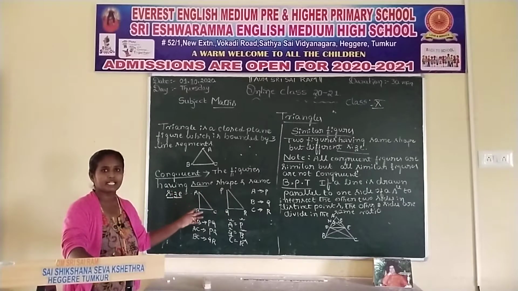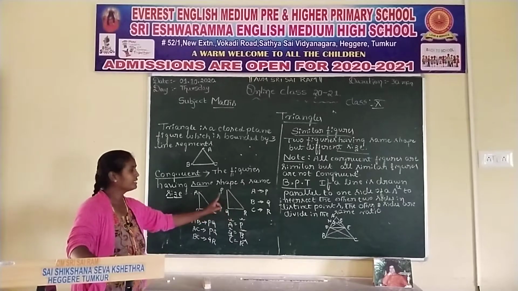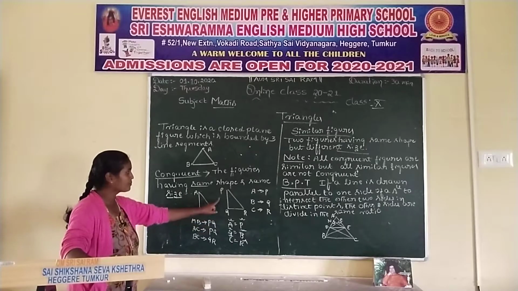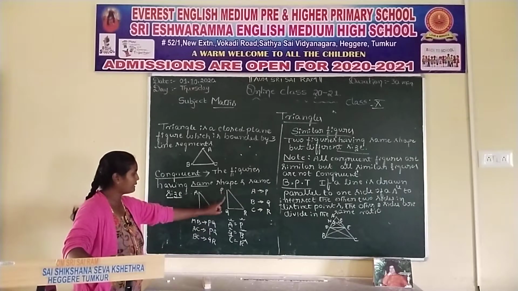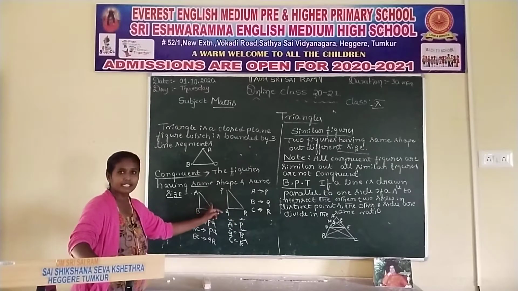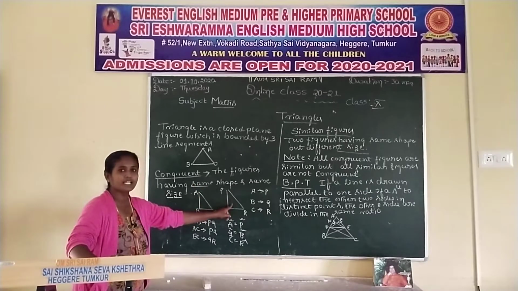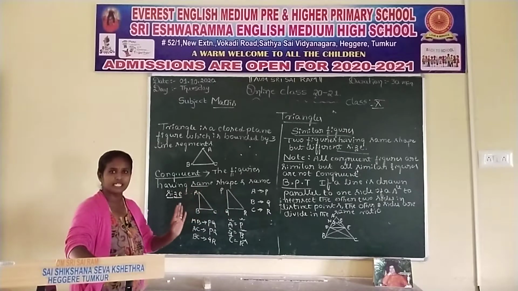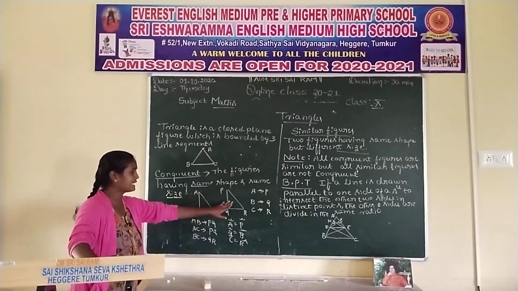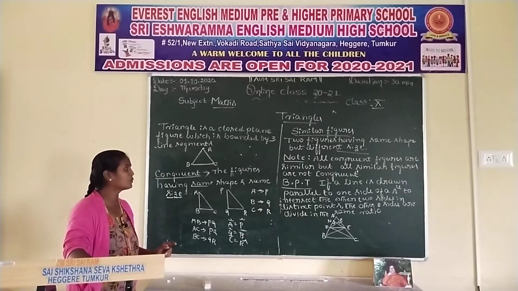What type of triangle am I taking here? 2 right angled triangles. The first triangle is ABC. The second triangle is PQR. See here, the 2 triangles are right angled triangles, meaning an angle measures 90 degrees. Same shape, same size also. Those figures are called congruent figures.